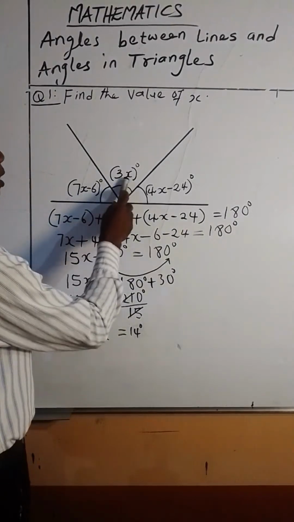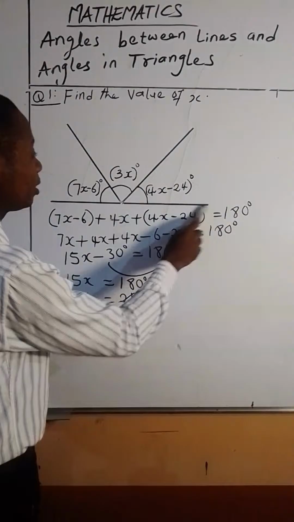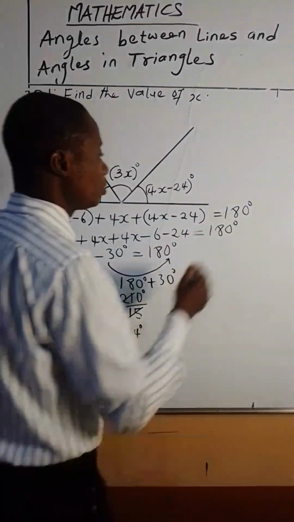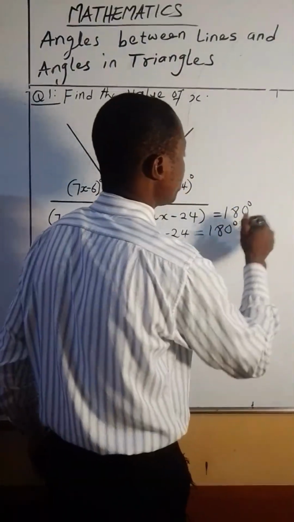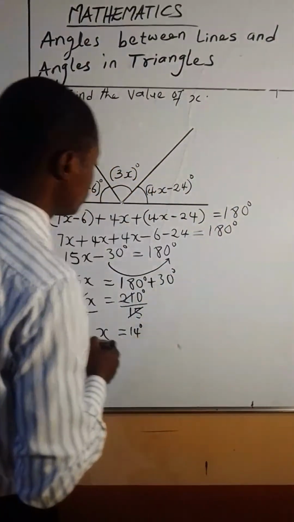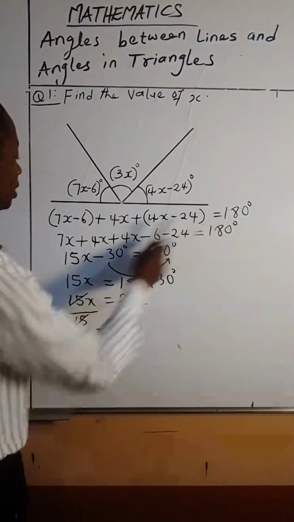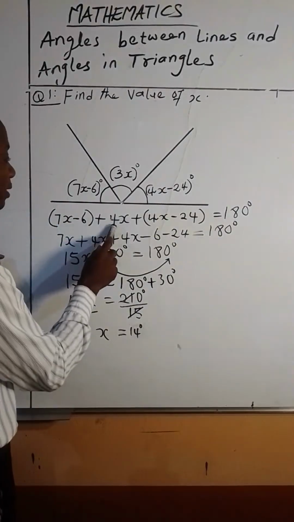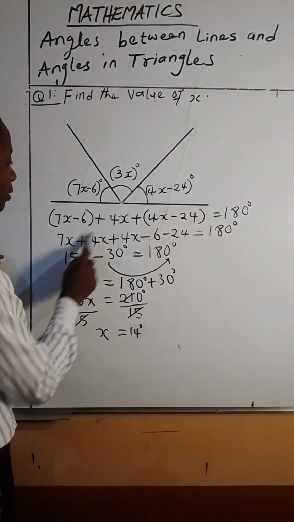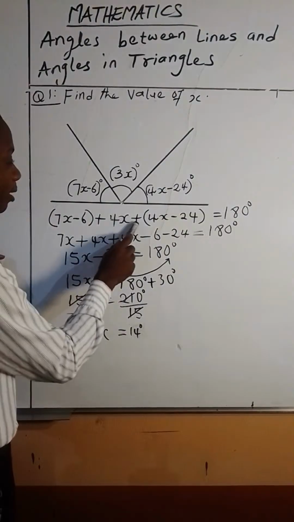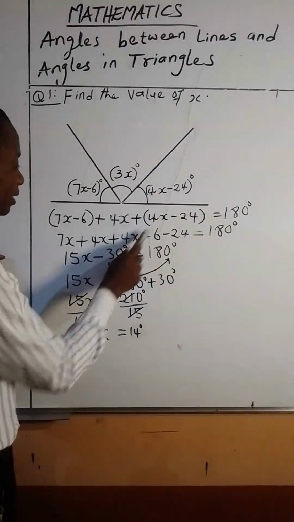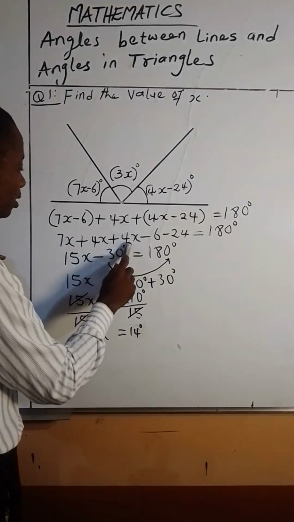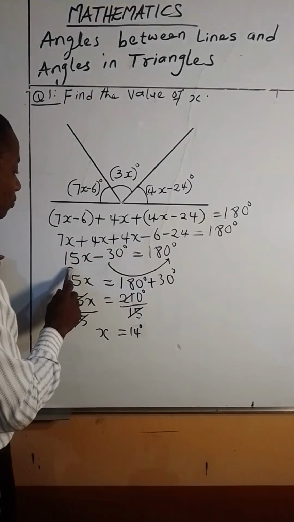So we are aware that the angles on a straight line, when summed up, will give us 180 degrees. So this is called the sum of angles on a straight line. Then we bring the like terms together, the terms in x: 7x plus 4x plus 4x again, this is 8x plus 7x, so this will give us 15x.